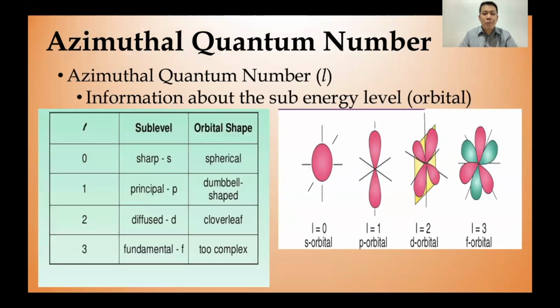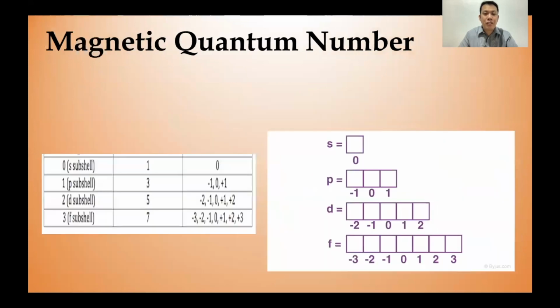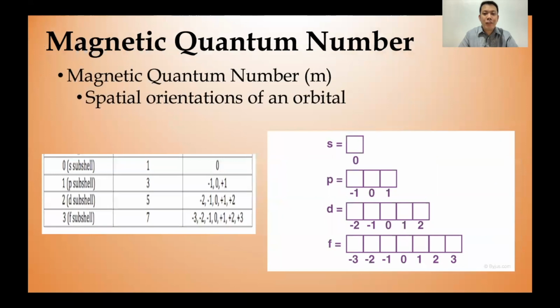Meanwhile, for azimuthal, each sub-level, S, P, D, or F, which stand for sharp, principal, diffuse, and fundamental, has an equivalent shape. But if we are talking about quantum numbers, the equivalent numbers are 0 for S, 1 for P, 2 for D, and 3 for F. And for magnetic, the symbol is m sub l.